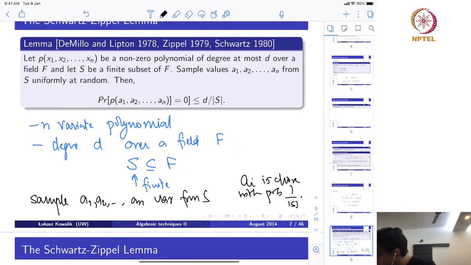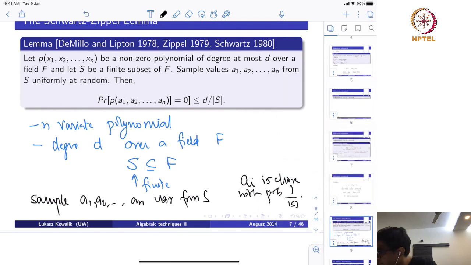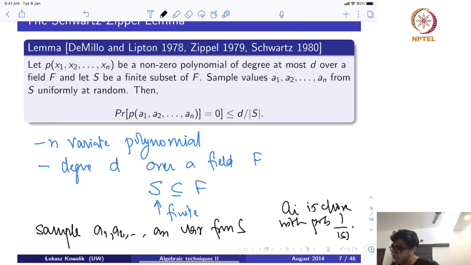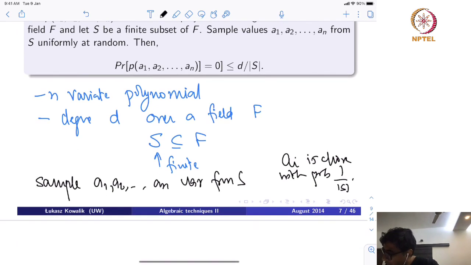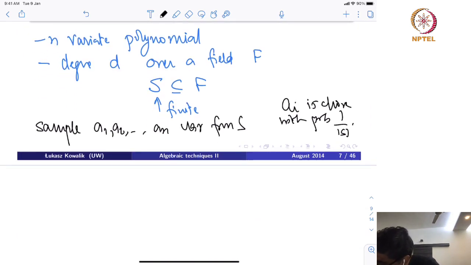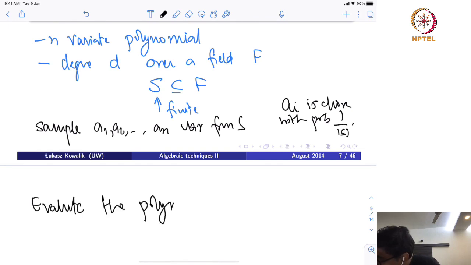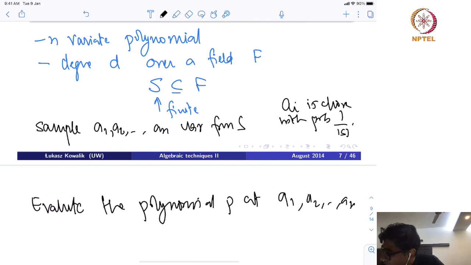Then what does it tell us? Okay. Then what you do is that now you evaluate. Now, what are we going to say? We say now let us evaluate the polynomial p at a1, a2, ..., an.